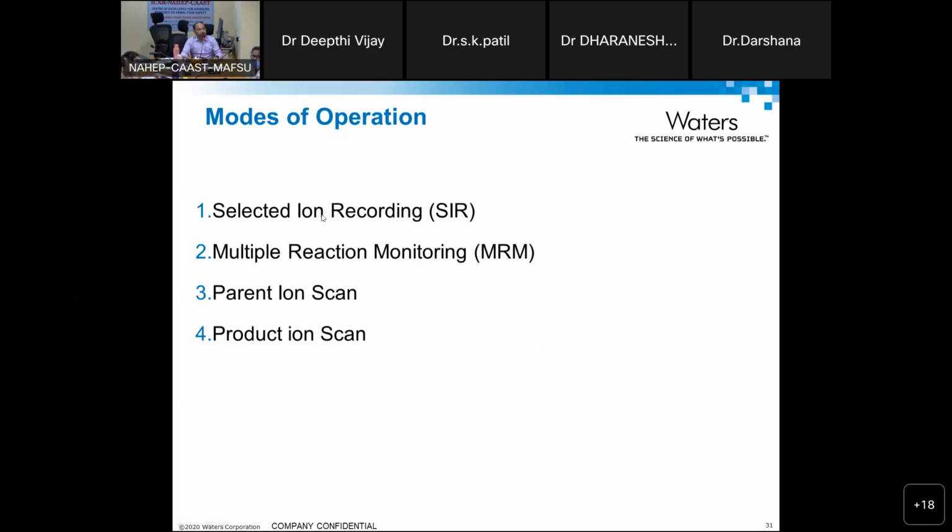Okay, so the first two, selected ion recording and multiple reaction monitoring, can be used for quantitative analysis, that is, to determine the amount or concentration of a particular analyte present in the given sample, whereas the other two, parent ion scan and product ion scan, can be used for qualitative analysis, that is, to identify the structure or rather the mass of the unknown compound which is present in the sample.